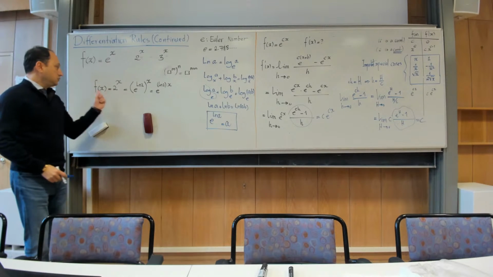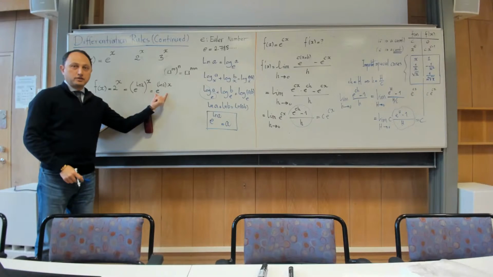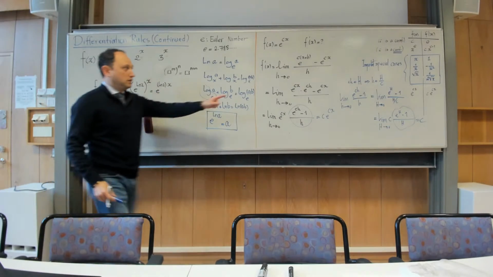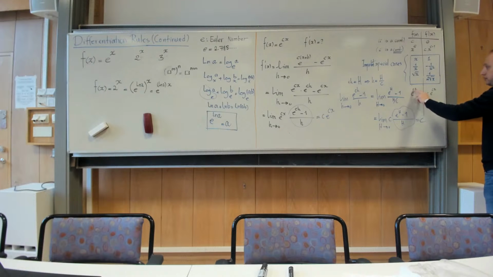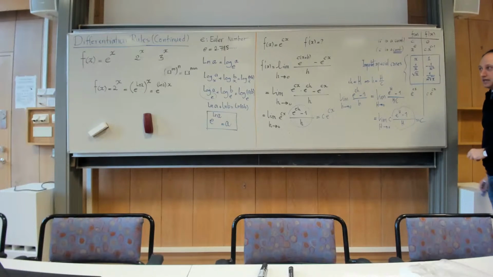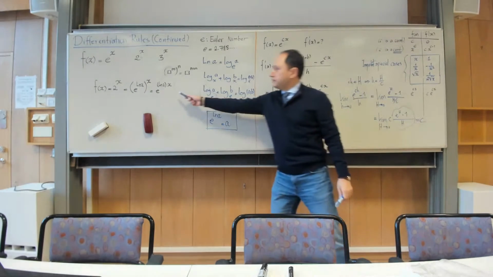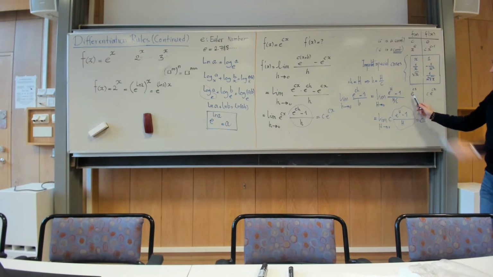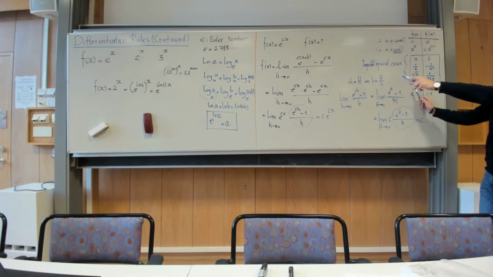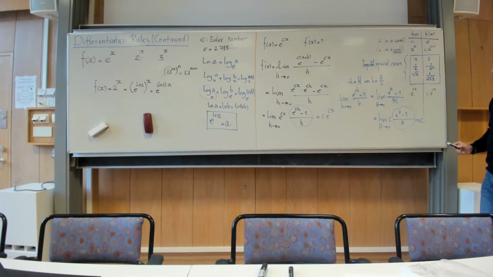Now, if I ask you what is the derivative of this function, you can answer me, because we just answered it for e to power a constant multiplied by x. If you compare this function with that function, e is the same e, x is the same x, and now ln of 2, which is a constant, is playing the role of the constant c.